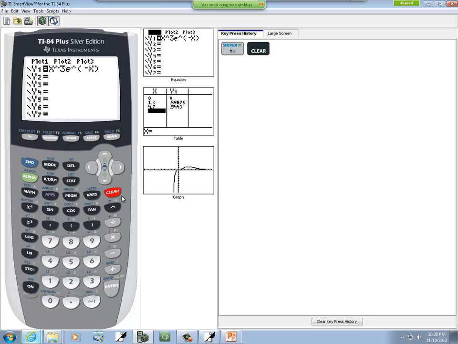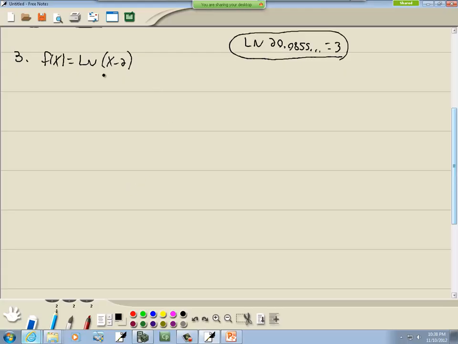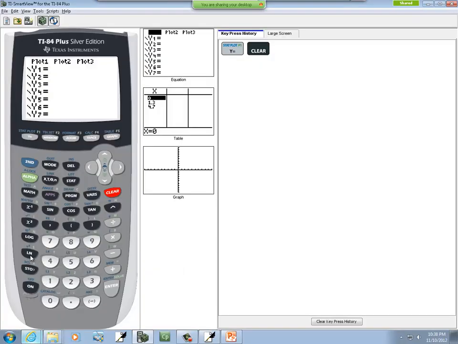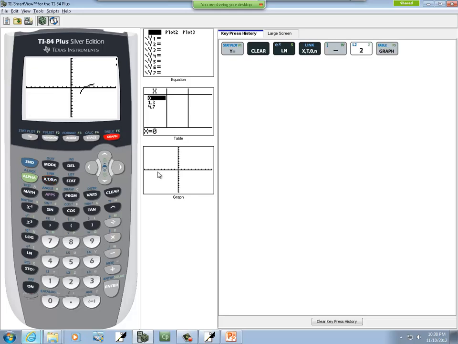I press my clear. Now, we have natural log of x minus 2. I have an ln button right here. Now, the log button right here is base 10. So that's base 10, this is base e. And then x minus 2. And you don't have to put a closing parenthesis if you don't want. And then do a graph.